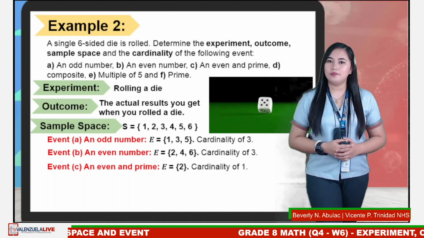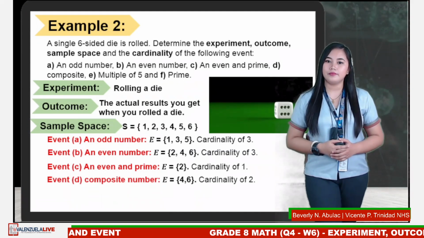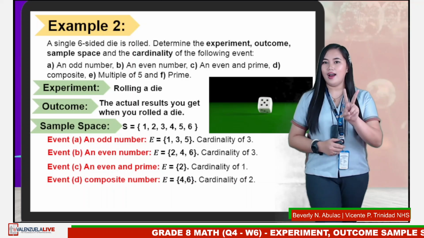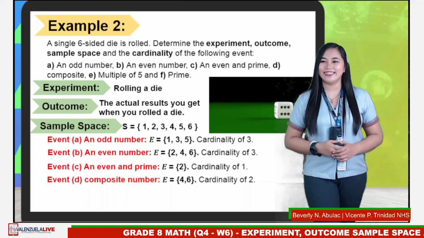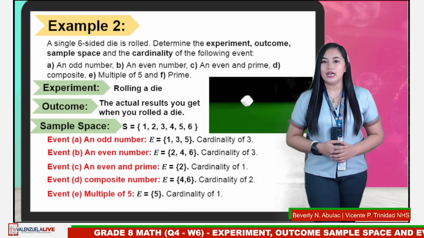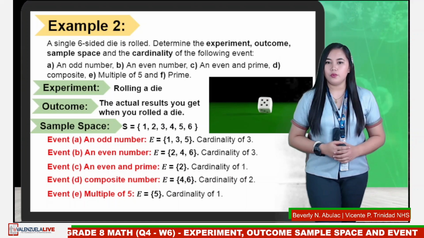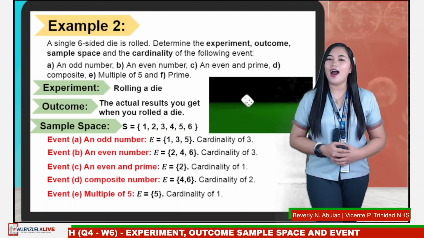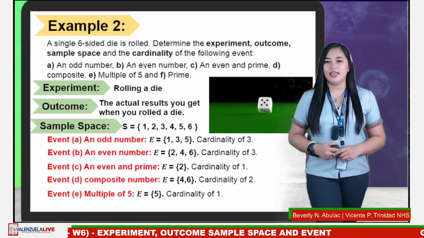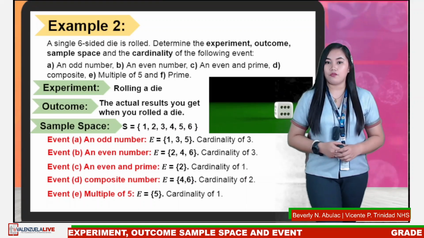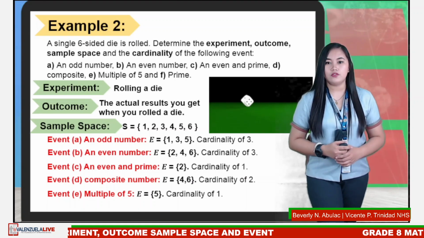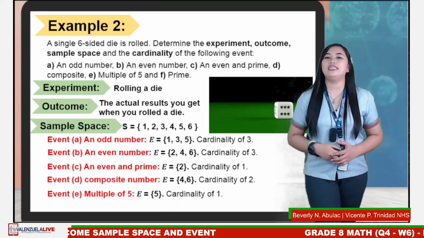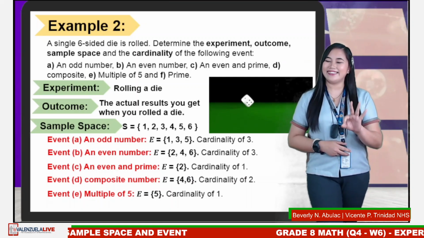Event D, composite number, E equals 4 and 6, cardinality of 2. Event E, multiple of 5, so we only have the number 5 in the event, cardinality of 1. And last, event F, prime number, so we have E equals 2, 3, and 5, cardinality of 3.